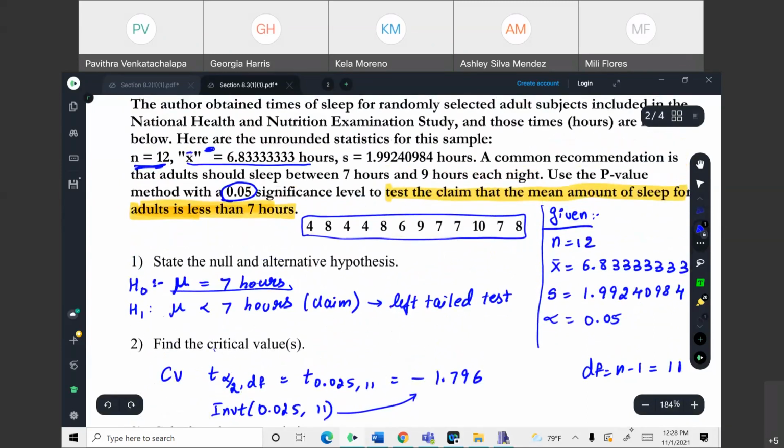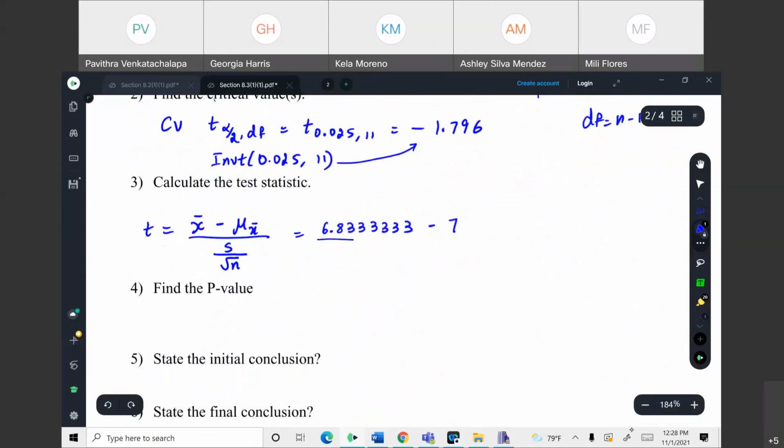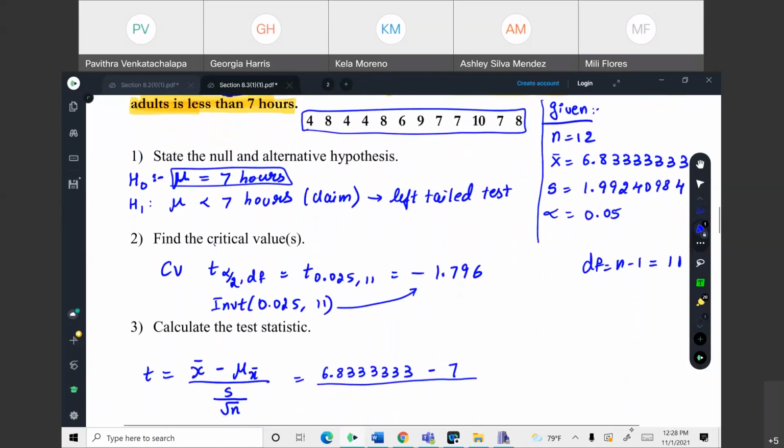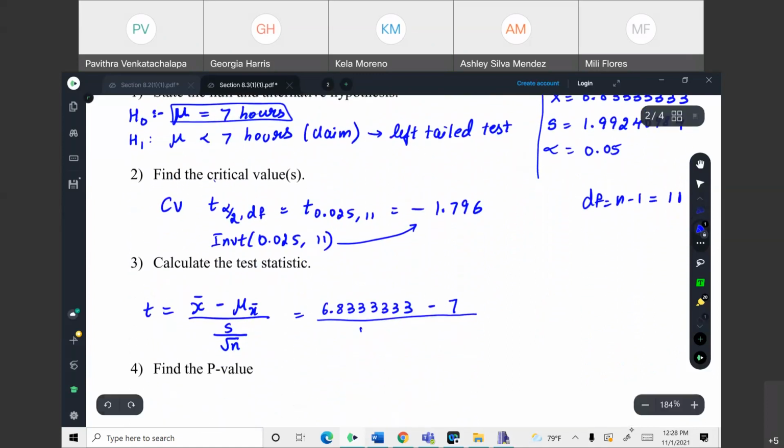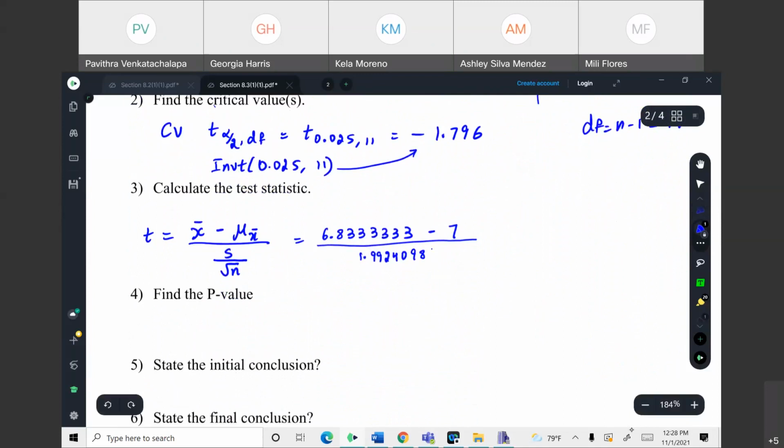Because mu is 7 here. That's your population mean, divided by the sample standard deviation given, 1.99240984, divided by square root of n. N will be 12. So when you do this, you will get minus 0.290.